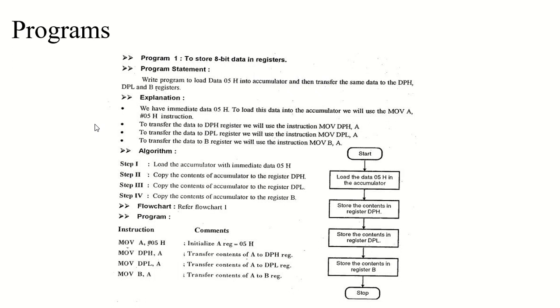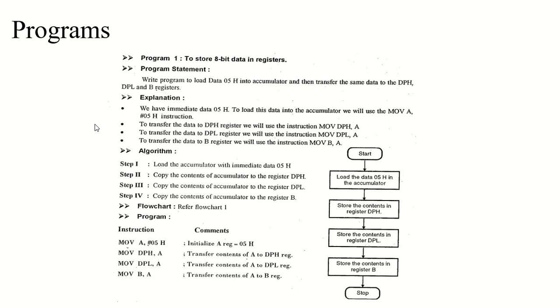Same way, now you want to transfer the data to the DPL register from the accumulator. Again, what will you do? You will use the move command again. This time, instead of DPH, we will be using DPL. So we'll use MOV DPL comma A, which will simply move the data 05H from the accumulator to DPL.